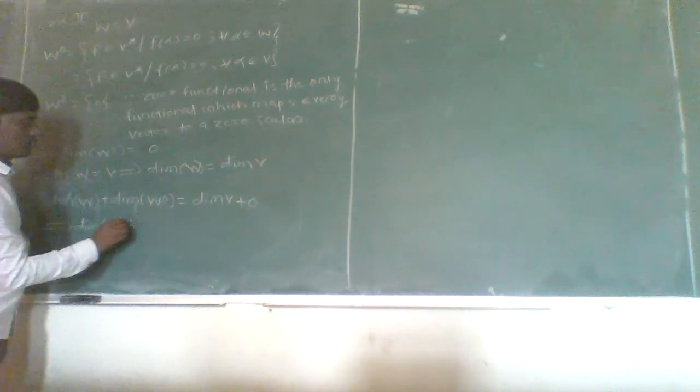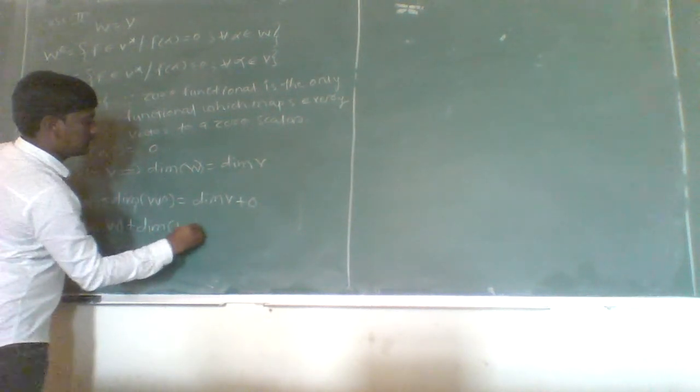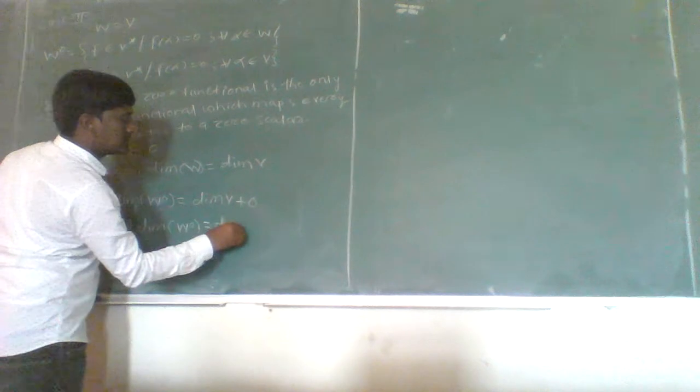So from this we conclude that dimension of W plus dimension of W annihilator is equal to dimension of the vector space, and hence the required result. Thus the result holds for the second case also.